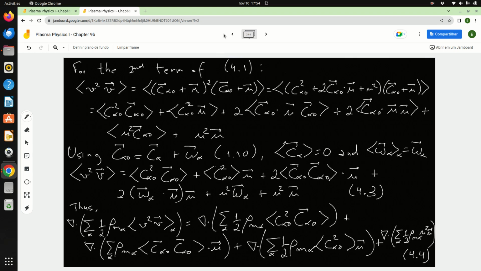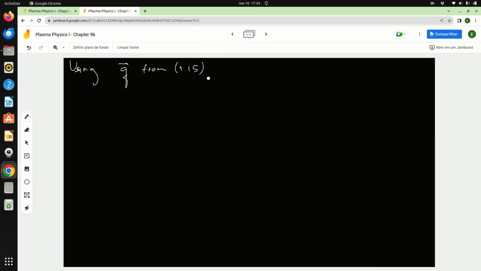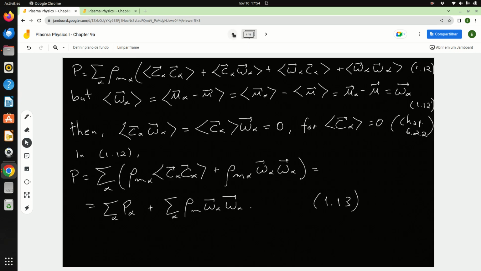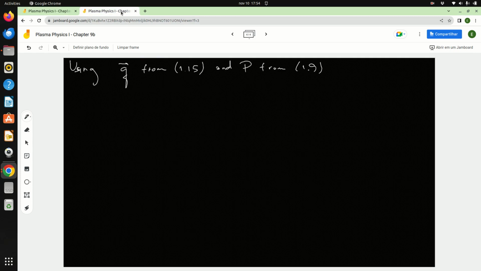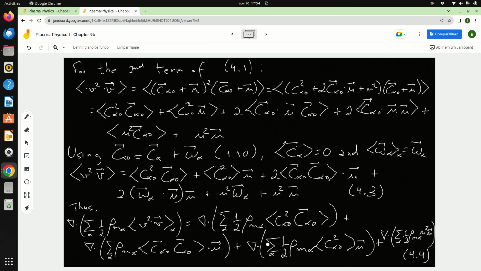You have it here. So using this and also the pressure tensor from 1.9. Where is 1.9? Oh, here. This is the pressure. It's also here. Where is the pressure? It's here. Okay.